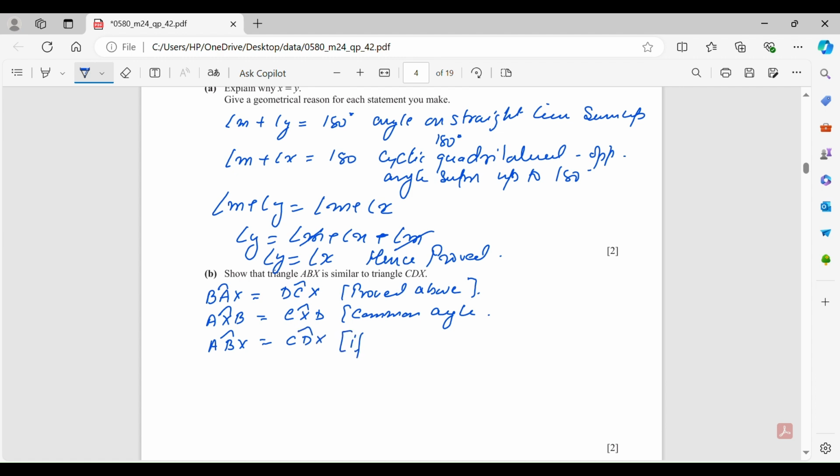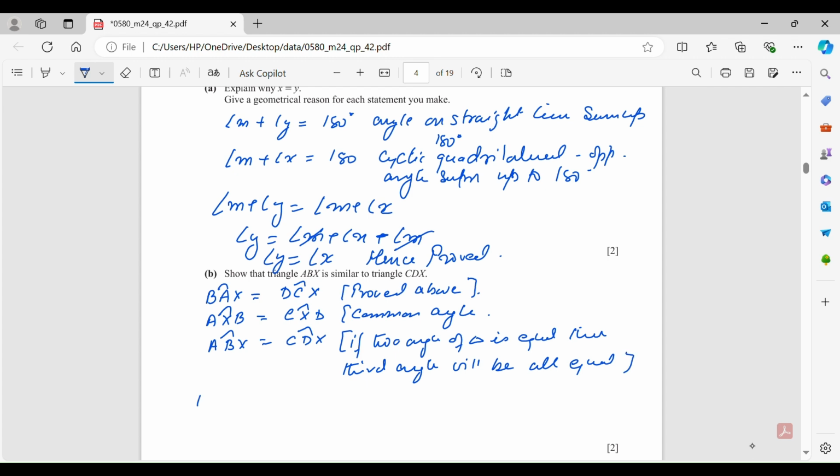If two angles of a triangle are equal, then the third angle will also be equal, right?